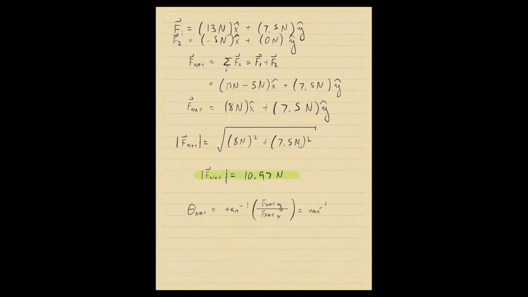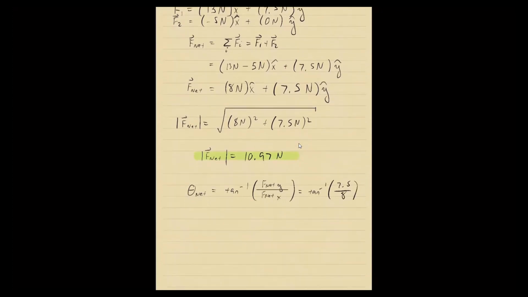This is tangent inverse of 7.5 divided by 8. Right, then we get a direction theta for our net force of about 43.15 degrees. But if you want to round it, it's just fine to call it 43 degrees.